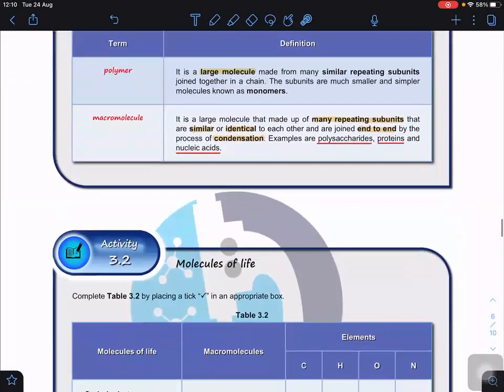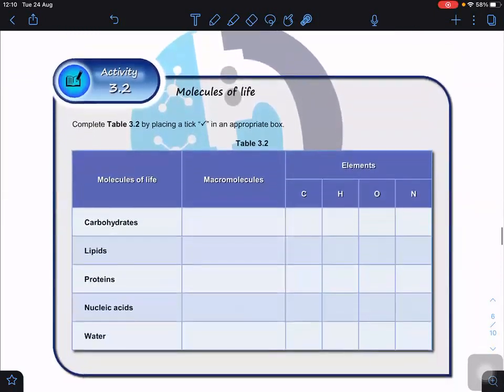So in terms of the molecules of life, we do have carbohydrates, lipids, proteins, and nucleic acids, and water also is an important molecule for living organisms. Okay, so assume that you have done here. As I said, macromolecules are only three: carbohydrates, proteins, and also nucleic acids.